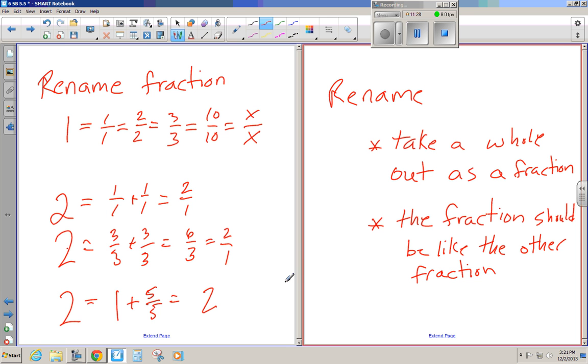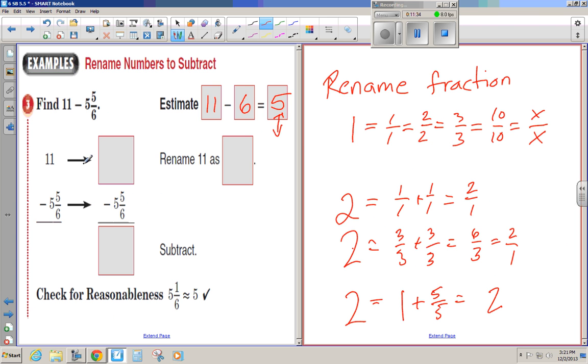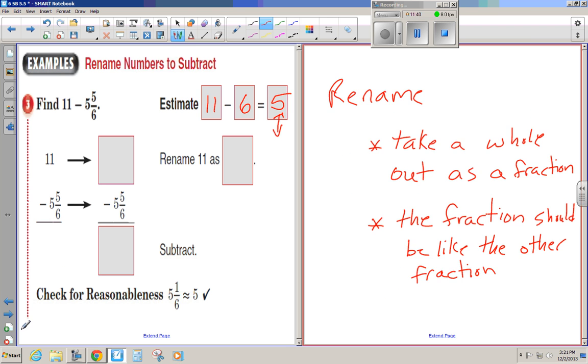Okay. So write this down, keep it nearby. So when we look at this, we want to take out a whole, but as a fraction. So 11, we want to make it 10 and some fraction. That fraction should look like the other, and the key word here is like.